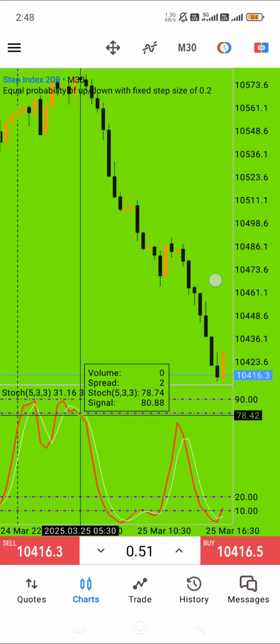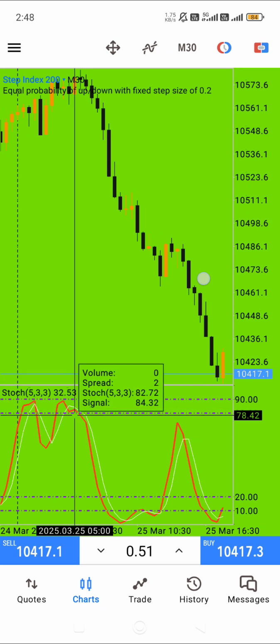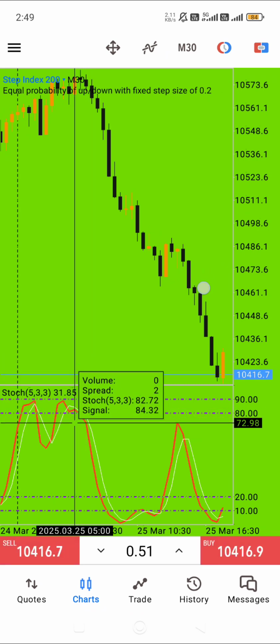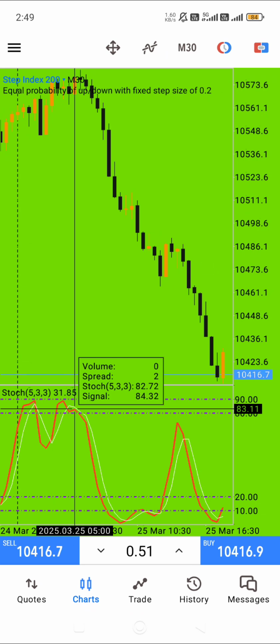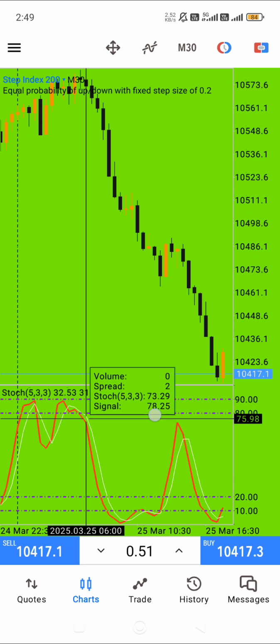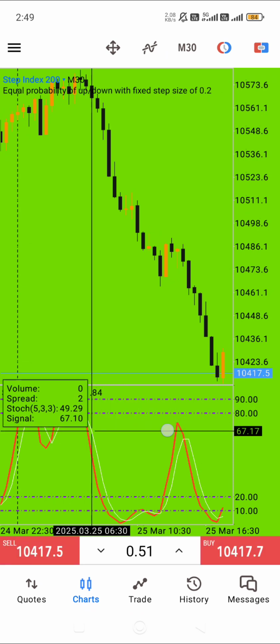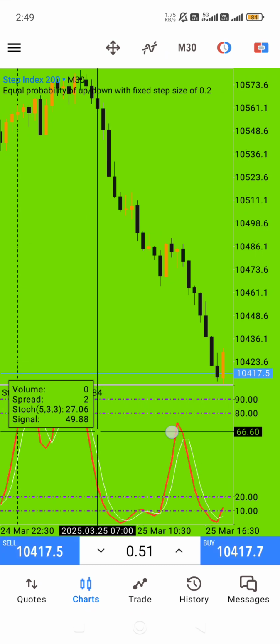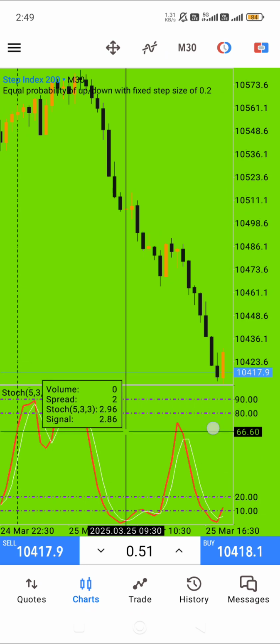Here at 80 and 90, this position 80 and 90 crosses the level and goes below, and 80 and 90 cross both lines and below 80, both lines, then market will be strong sell. Just check, good movement in selling position, good movement.